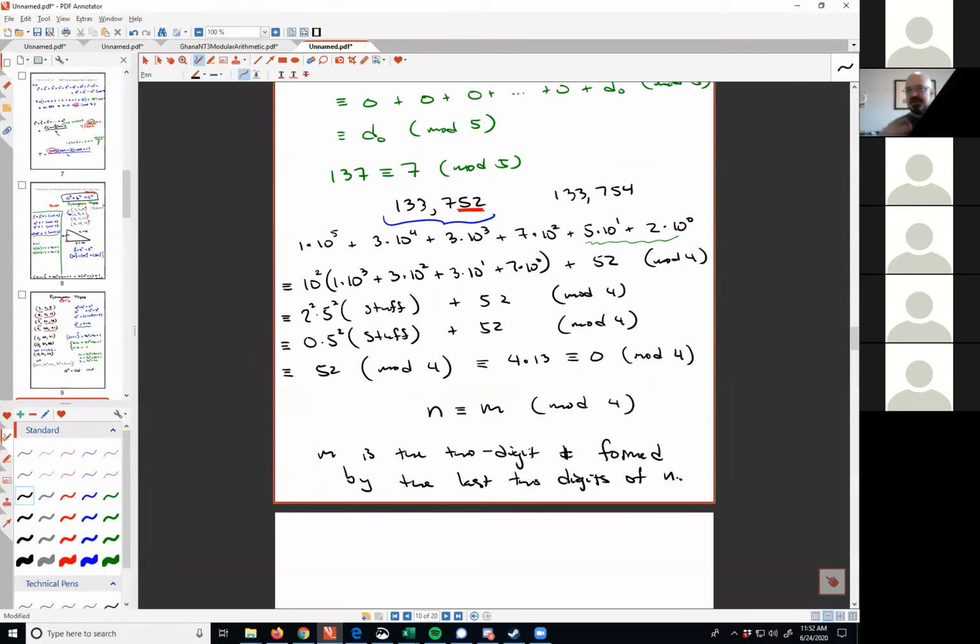And again, n is a natural number as usual. So n, we can just simplify it to its last two digits.